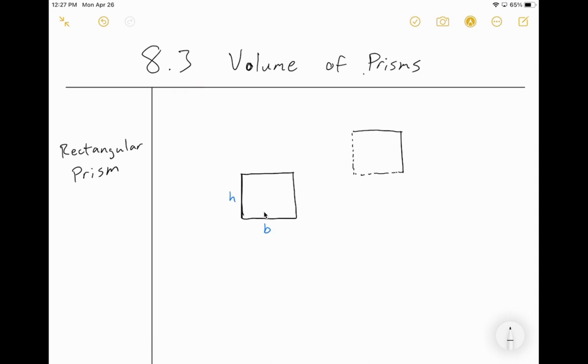Then remember what we're going to do next is connect those two. It seems like two kind of random squares, but when you put them together and connect, you end up with a cool 3D shape.